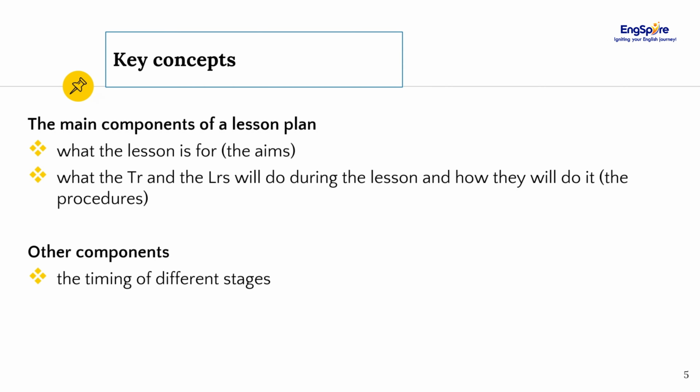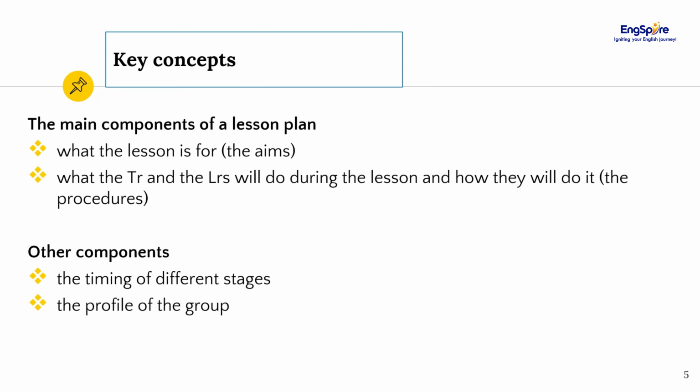There are also other components that can be included in a lesson plan. For example, we may include the timing of different stages. This helps teachers manage the lesson effectively and make sure there is enough time for each activity.